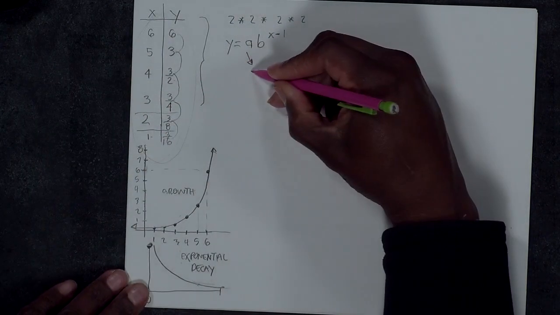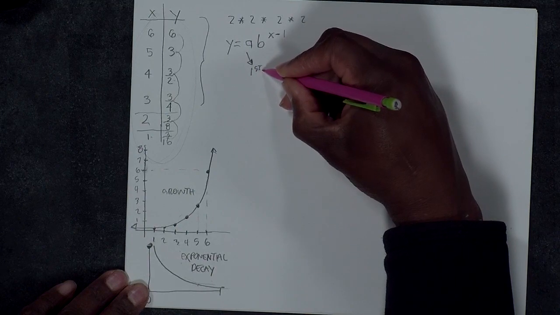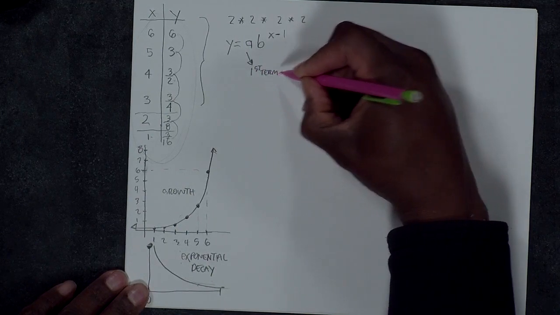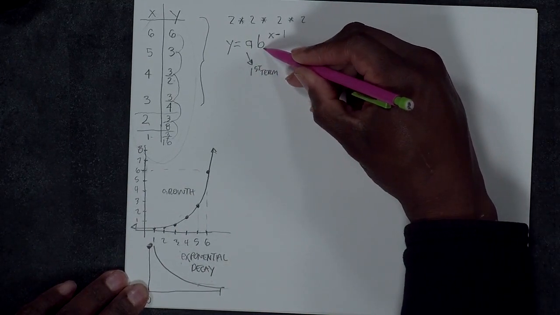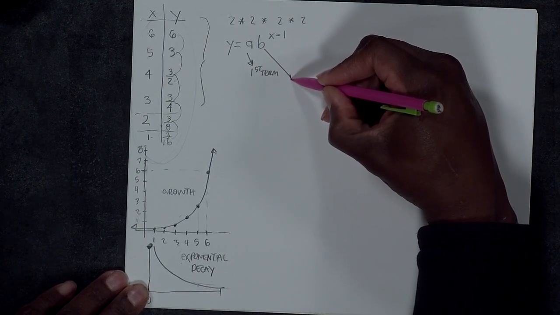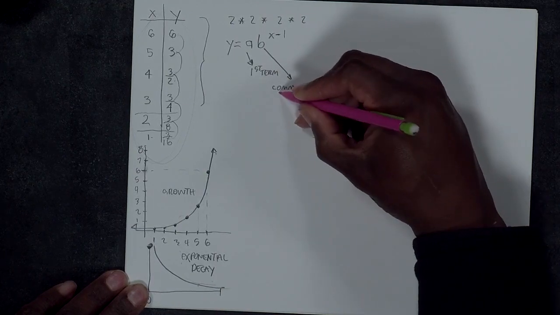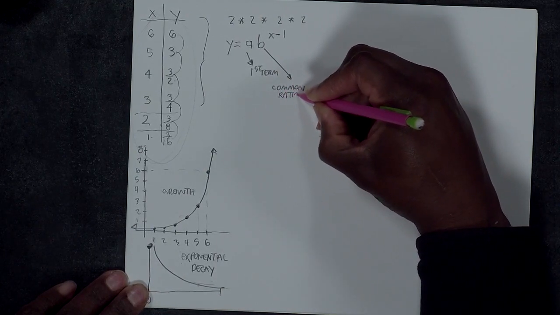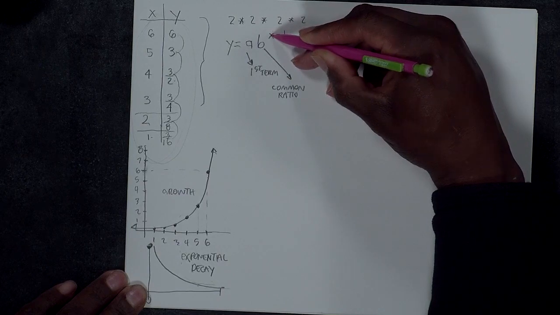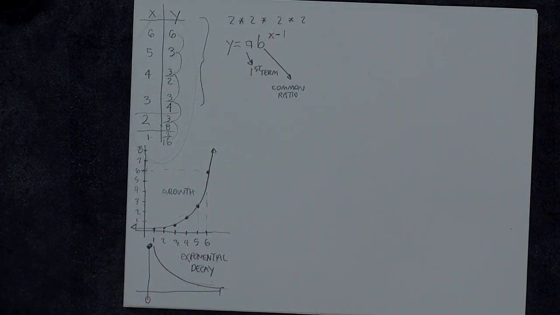A represents the first term. B represents something called a common ratio. And x, x minus 1, we'll just call that an independent variable.